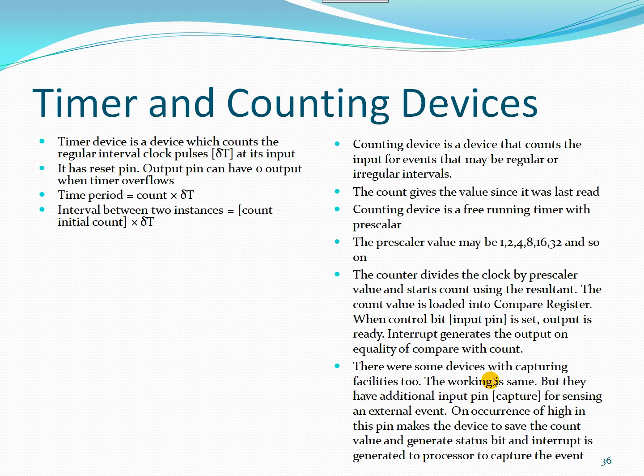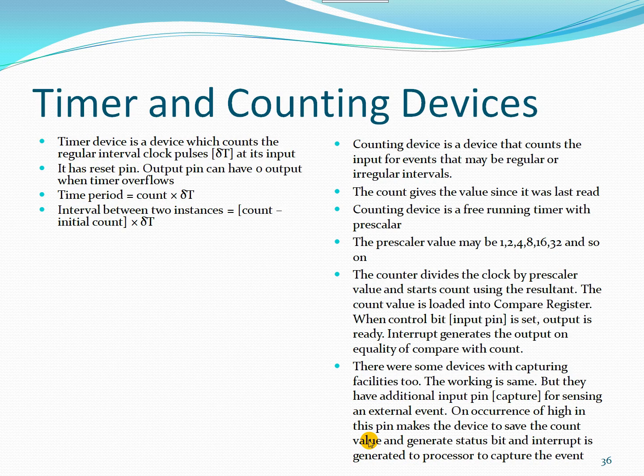So there are some devices with capturing facilities too. The working is the same as we have defined for the compare register, but they have an additional input pin called capture, for sensing an external event. Whenever we are forced to listen to an external event, that external event will give irregular intervals of pulses.